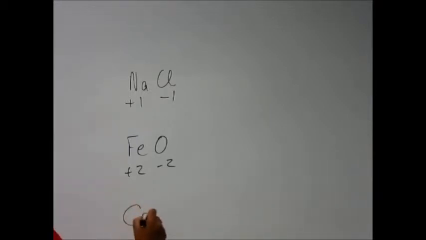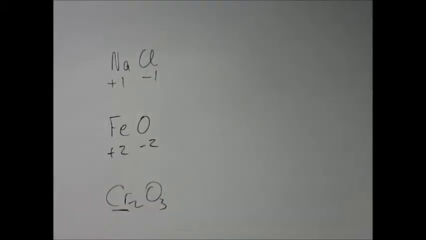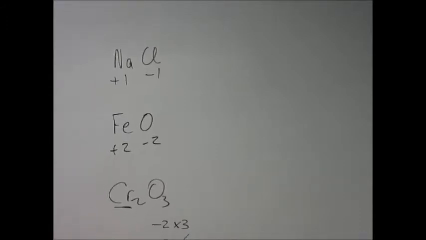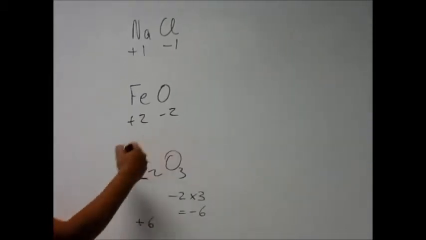So for example, Cr2O3. Let's work on this one. Find me the oxidation number for chromium. So start with oxygen. Oxygen is -2, and then you have 3 of those, right? So that's a total of -6, which means chromium must be a total of +6, because it's a neutral compound.